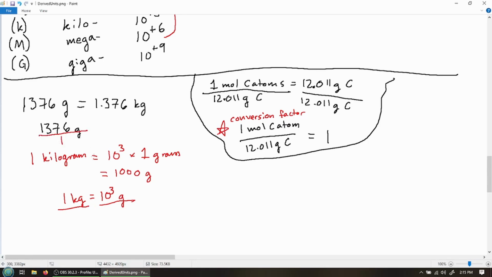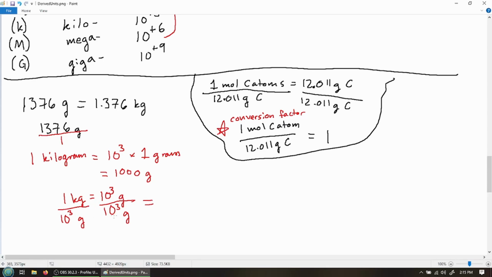We don't often write it this way, but just for the sake of thinking it that way, grams is in the numerator of this implied fraction here. So to cancel it out, just like if x were in the numerator of a fraction, we have to divide by that thing. Divide by x, divide by grams. So let's do that here. We're going to set up a factor, divide by the 10 to the third grams for each of these.